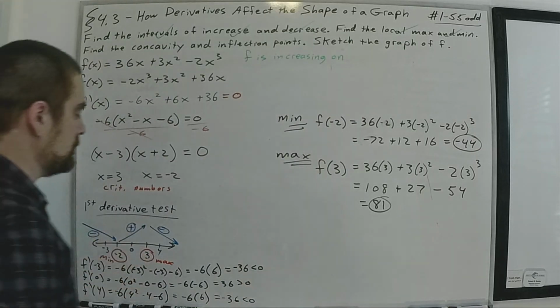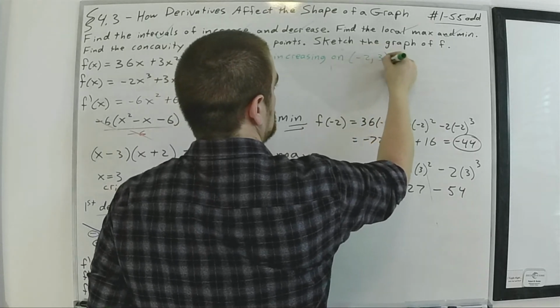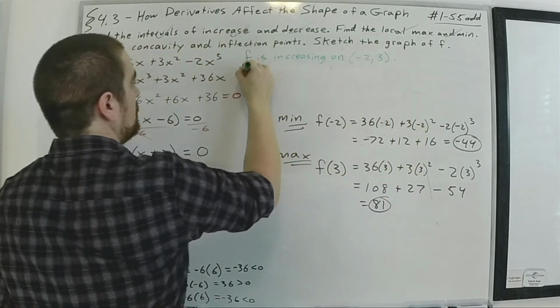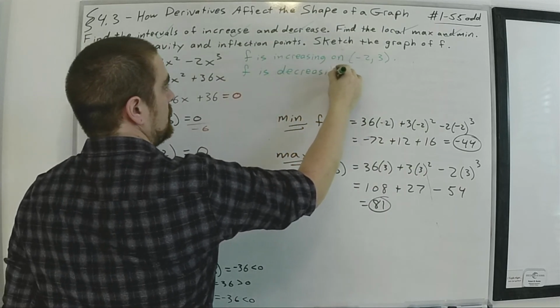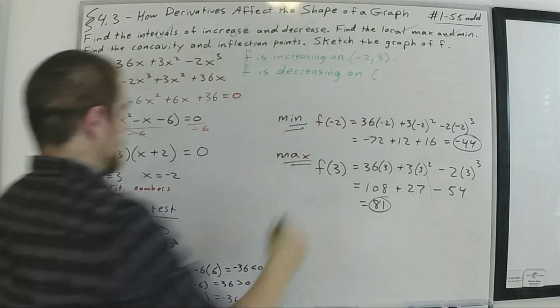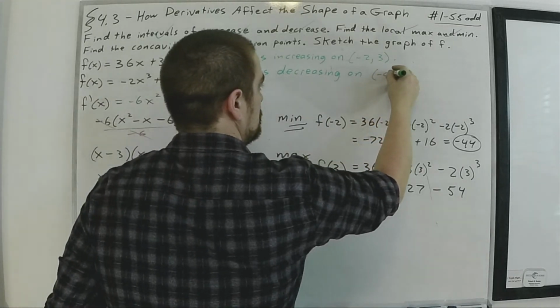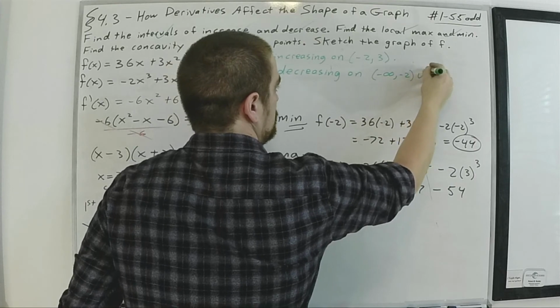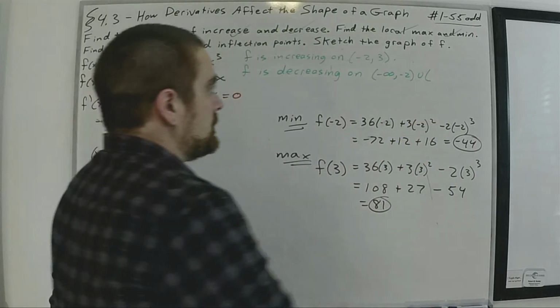So between those critical values, I'm increasing. F is decreasing on, and then careful, there are two of them, negative infinity to negative 2, union 3 all the way out to infinity.